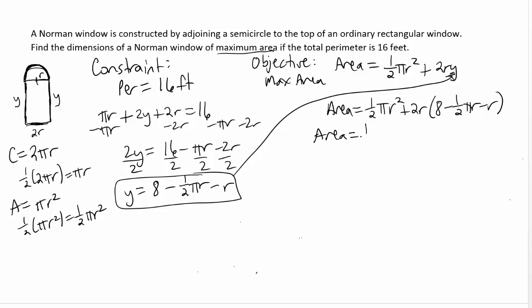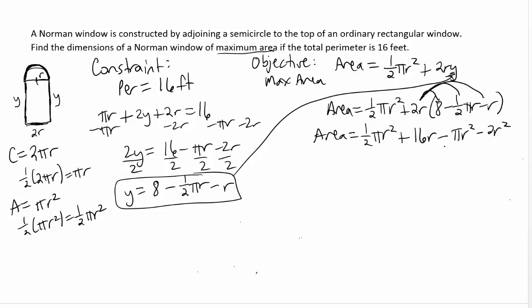So I'm going to get 1/2 pi r squared plus, and if I distribute, I'm going to get 16r minus, the 2 and the 1/2 cancel, and r times pi r is pi r squared. And then 2r times a minus r is minus 2r squared.